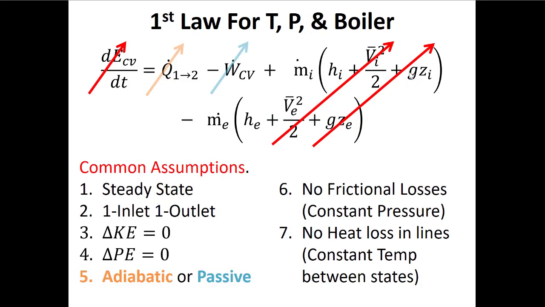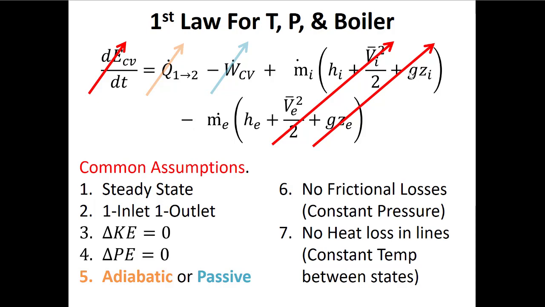How do I find those terms? Well, I'm glad you asked. I do a first law analysis on each one of those components. And typically, I'll make this list of assumptions, where all the components typically would be steady state, 1 inlet, 1 outlet, no change in kinetic energy, no change in potential energy, and then each component would be either adiabatic, typically turbines and pumps, or passive, those are the ones with no fan blades on the inside, like you'd see in a condenser or in a boiler.